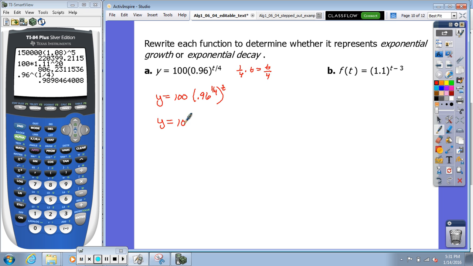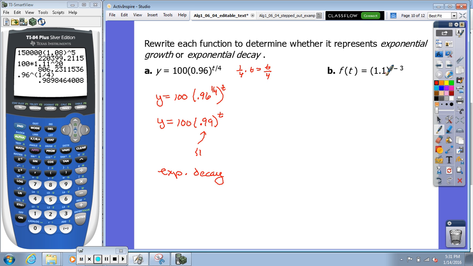It is approximately 0.99, if we rounded it, so 0.99 to the t. This number is less than 1, and so we would say that it is exponential decay.